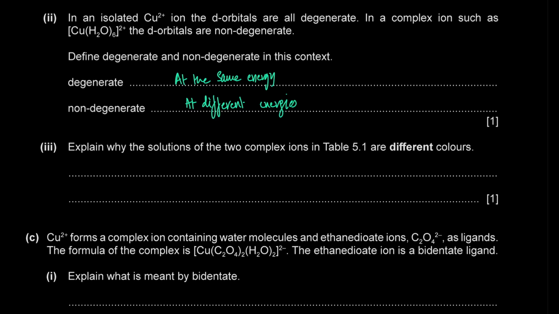Explain why the solutions of the two complex ions in table 5.1 are different colors. When a complex ion forms, the d orbitals are split into different energies, and that difference in energy corresponds to a certain frequency of visible light that is absorbed. For different complexes, the delta E is going to be different.